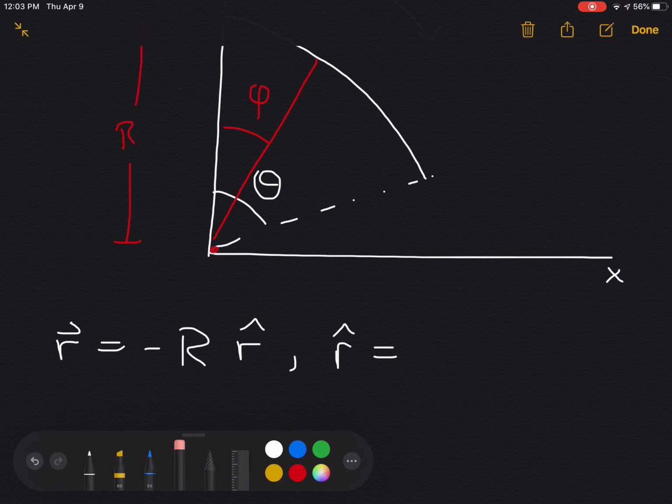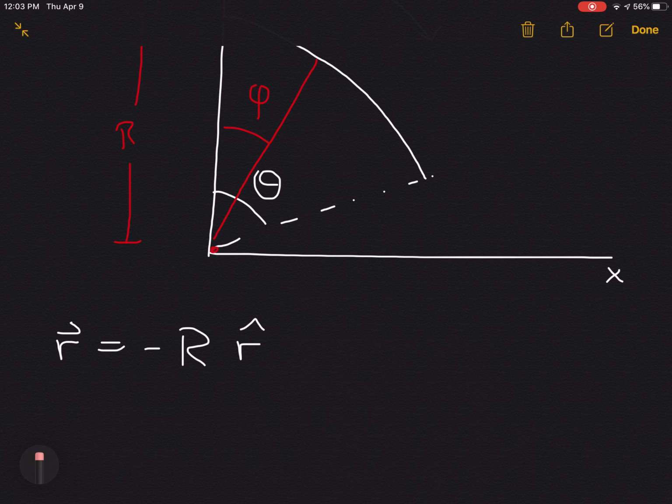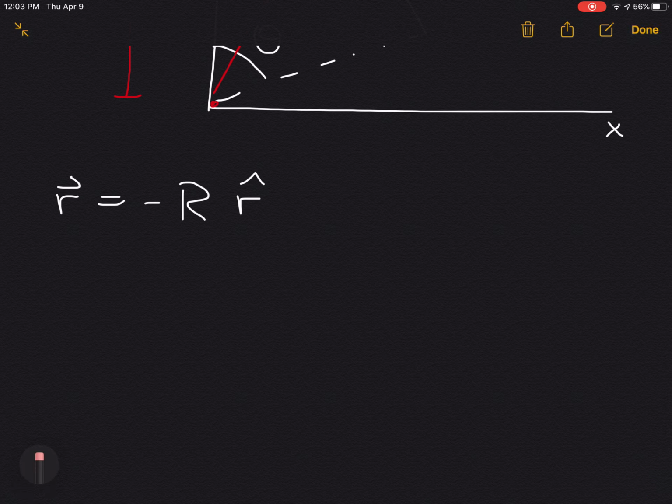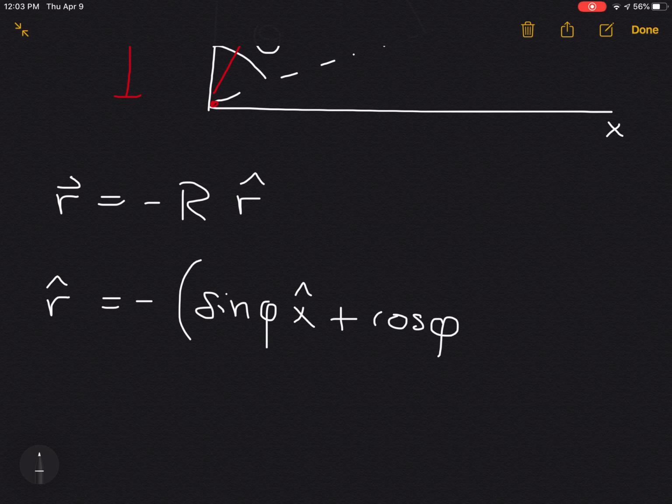We're going to see that this, in fact, makes some amount of sense. So the r hat direction is going to be minus sine phi in the x hat direction plus cosine phi in the y hat direction.